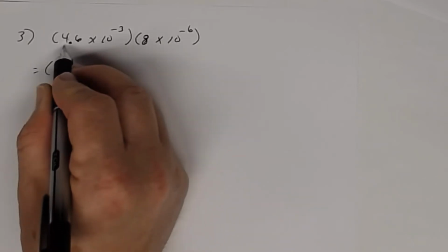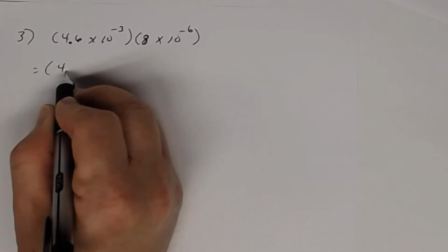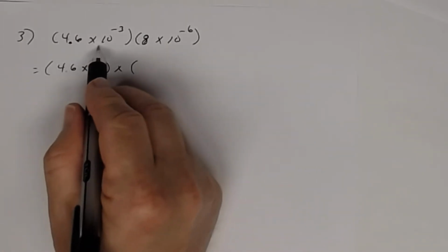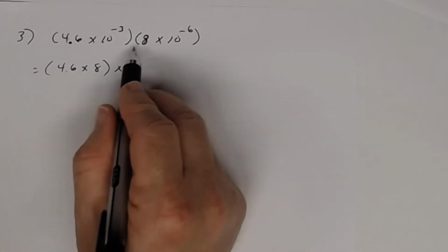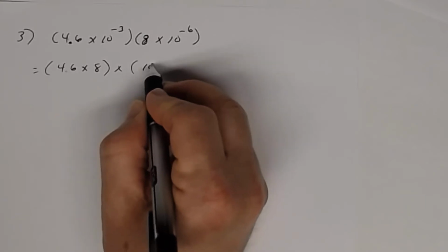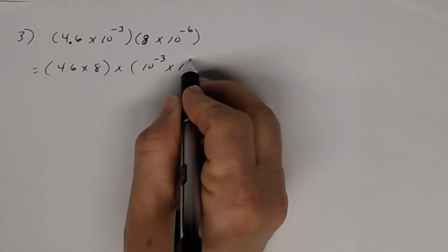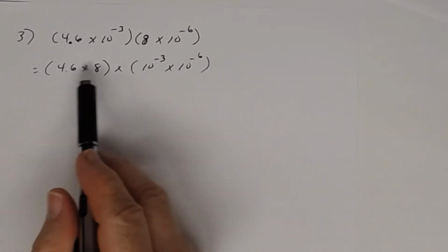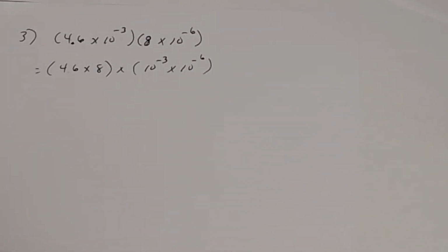So if I want to put the coefficients first, I can: 4.6 times 8. And then if I want to group the powers of 10, I can do that as well: 10 to the negative third times 10 to the negative 6, because all of this is multiplication.